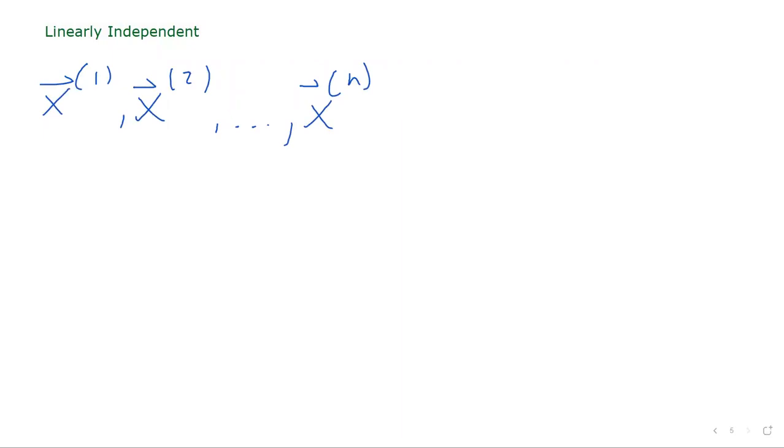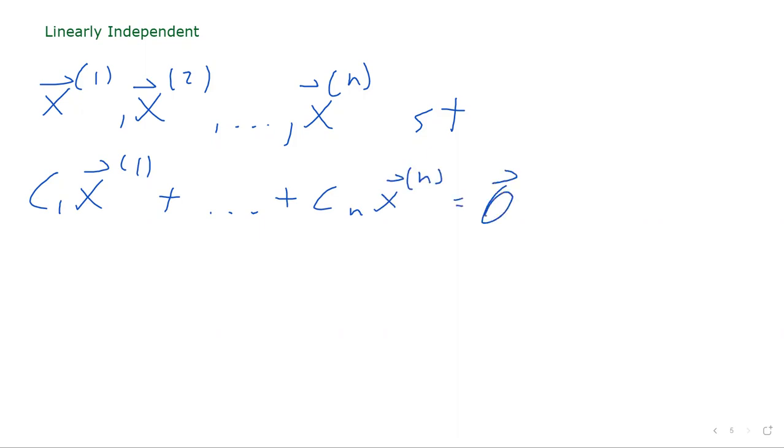Such that c1 x1 plus, that's our cn xn, is equal to the 0 vector if and only if ci equals 0 for all i in 1, 2, all the way up to n.